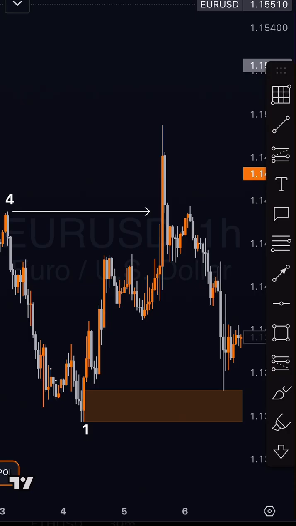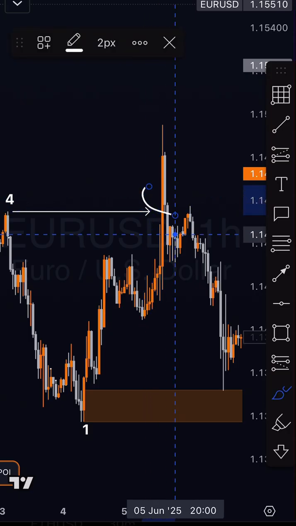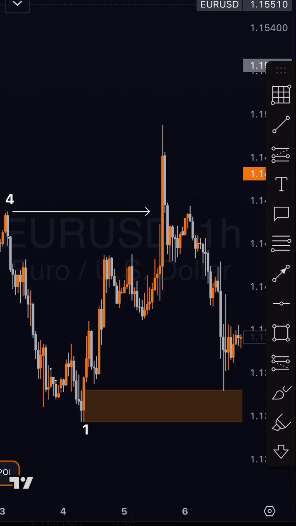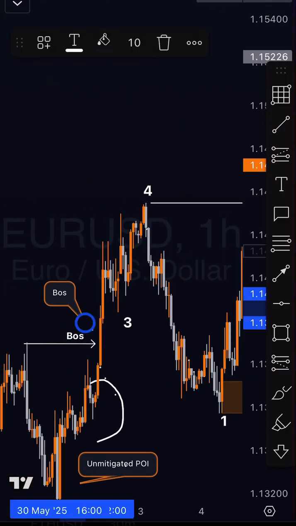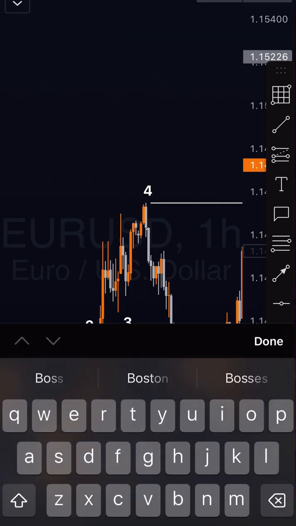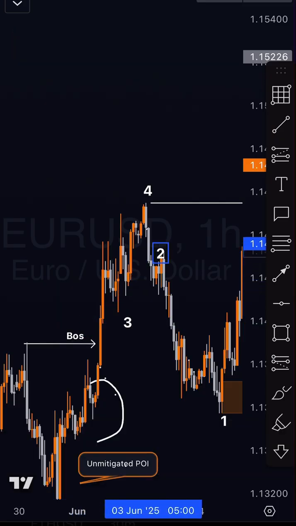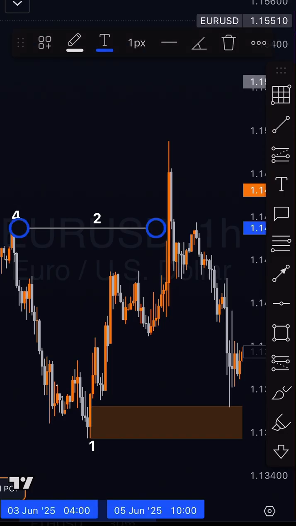Because this price closed above the previous high. Very simple, guys. Just move with me. It might not make sense right now, but it's going to make sense later, right? So this is the break of structure, guys. This is step two, break of structure.